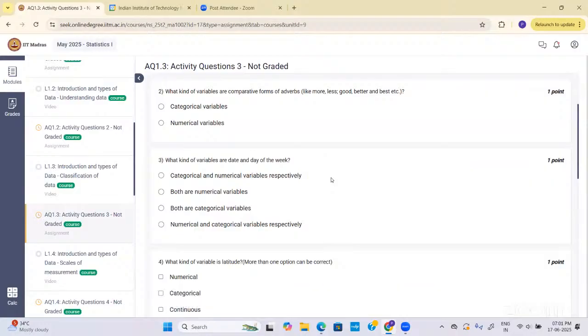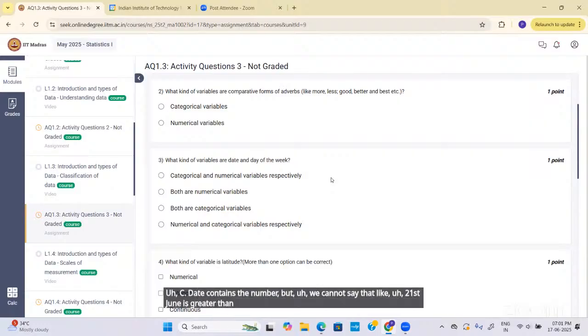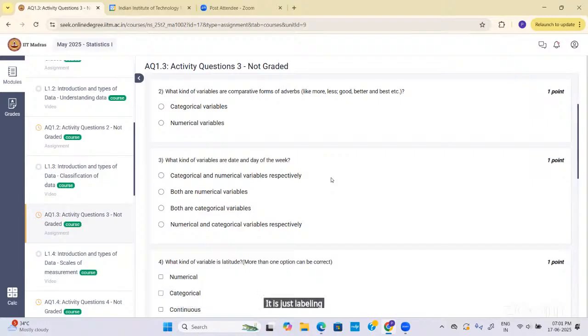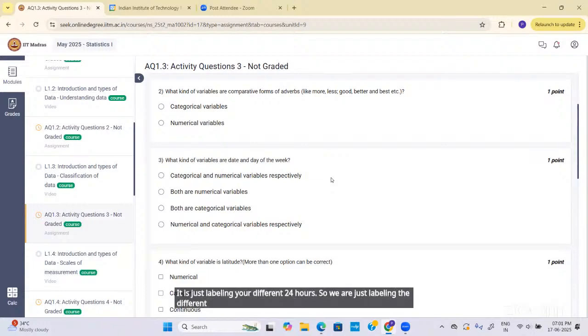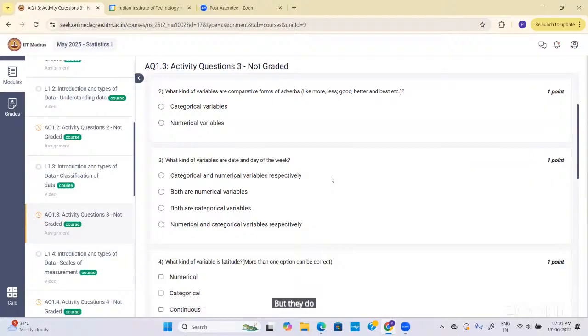See, date contains a number, but we cannot say that 21st June is greater than 22nd June or something. It is just labeling your different 24 hours. We are just labeling the different days with a particular date, but they do not have a numerical meaning associated with them.